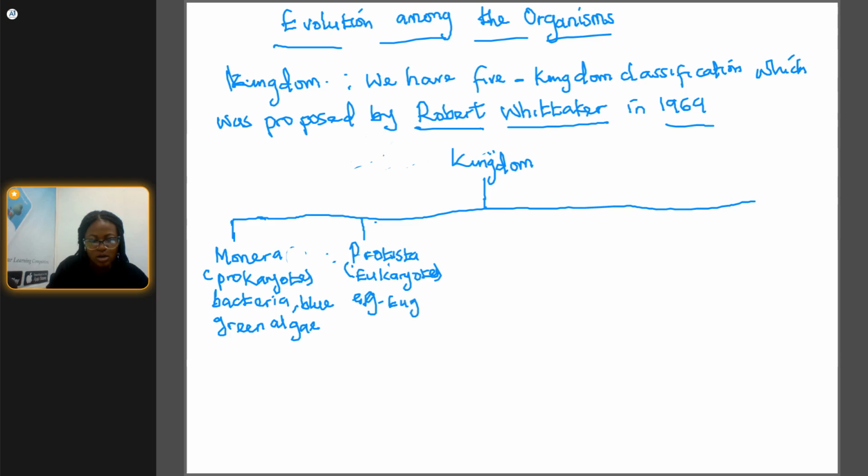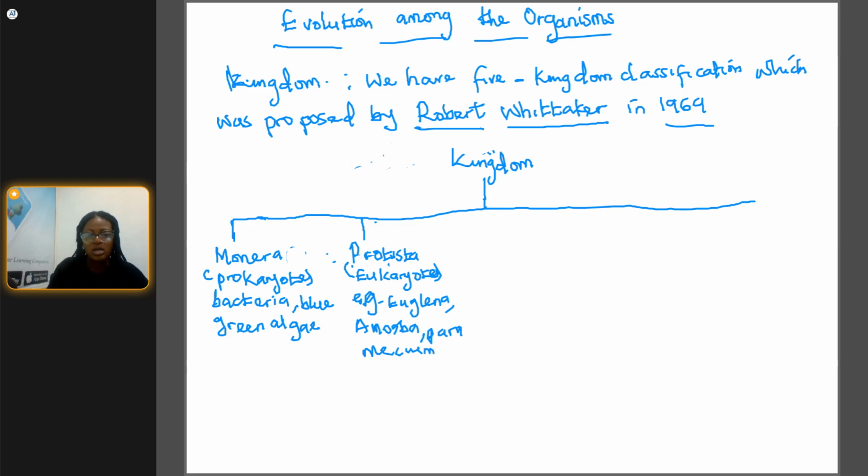We have the euglena, we have the amoeba, we have the paramecium. Please just take note of everything I'm saying. The protistas are majorly unicellular or multicellular organisms. But the monera are only unicellular organisms. The Protista can be unicellular or multicellular organisms. You can also see the paramecium under this.